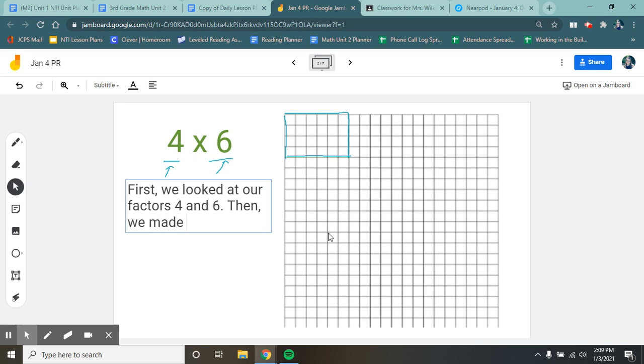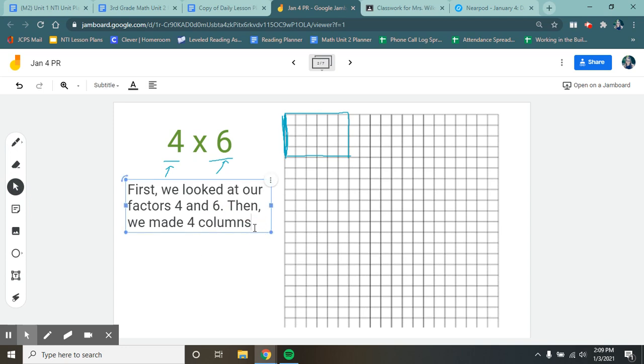We made 4 columns. And remember, those columns are going up and down. And when you guys are doing your written responses today, I want to see these words: columns, factors, rows. This is how you're going to get a good grade on this assignment because I'm going to be looking for those key words.